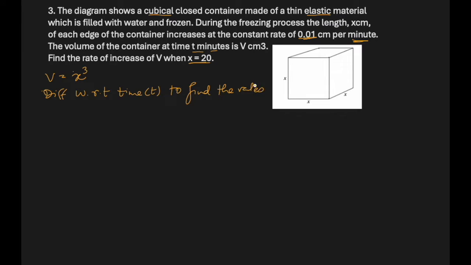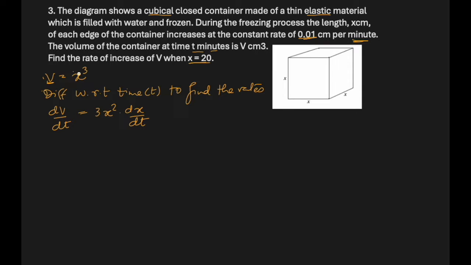I will differentiate this with respect to time. I'll get dv over dt, and then I differentiate this x cube with respect to time. It will be 3x square, and because it is with respect to time, we'll have to write dx over dt.